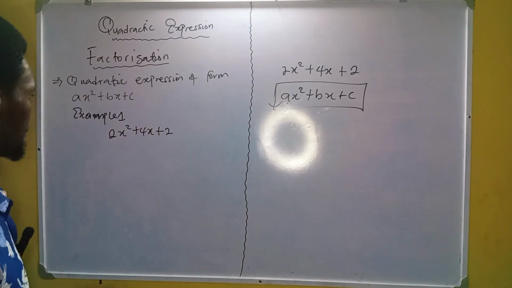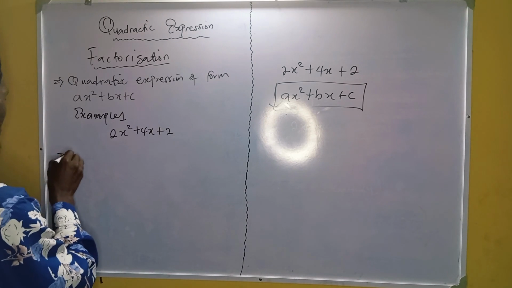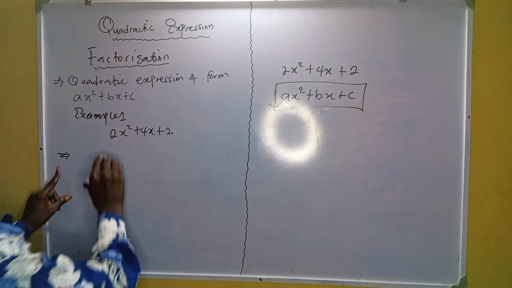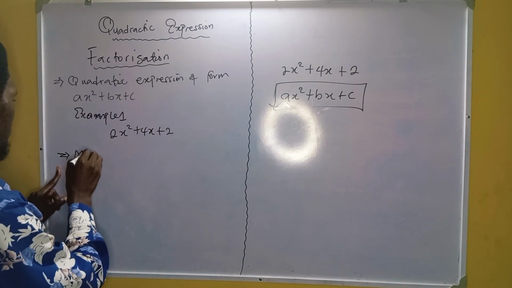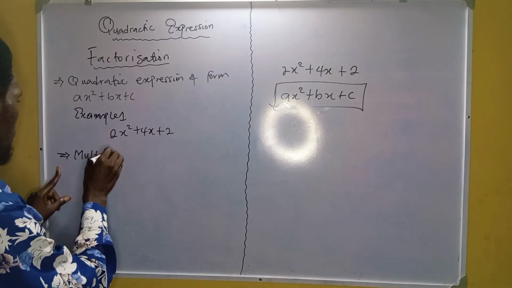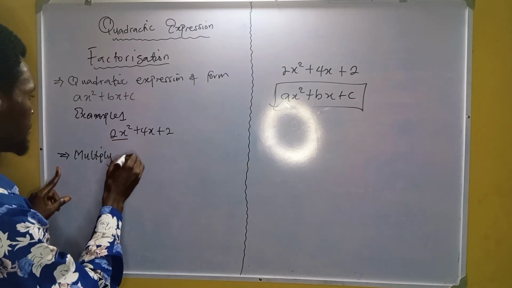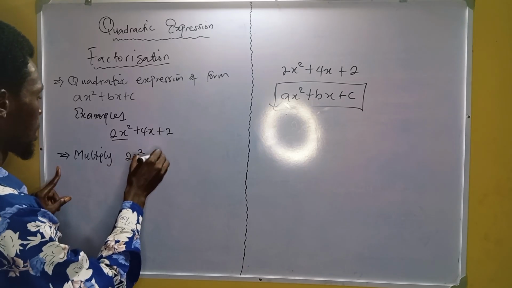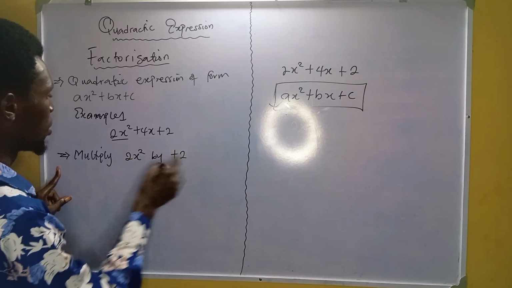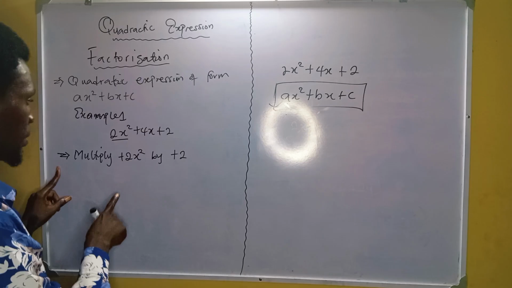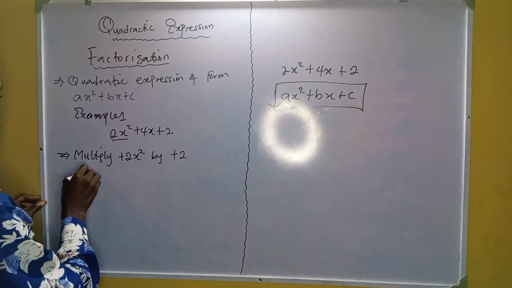So what you do is that for the first step, you multiply the first term by the last term, all right, but this one is also positive, all right? So what are you going to get?